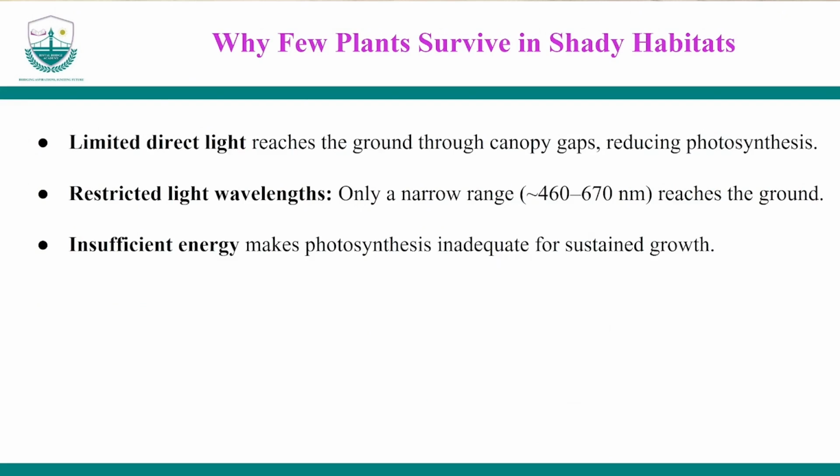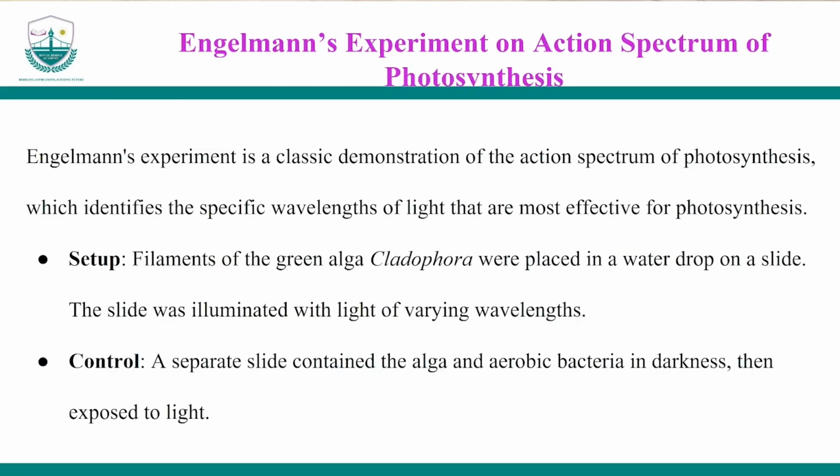Okay, so the challenges that shade plants possess is a limited supply of direct sunlight. Much of the radiation wavelengths are actually absorbed, so they have restricted light wavelengths, and therefore, if you combine these two factors, you have insufficient energy to drive photosynthesis.